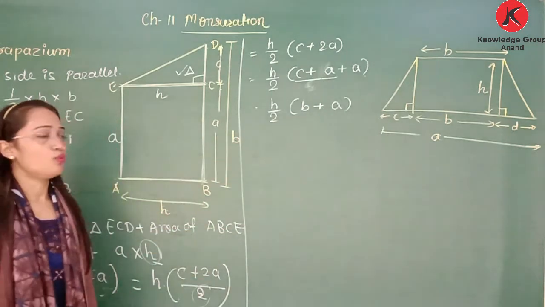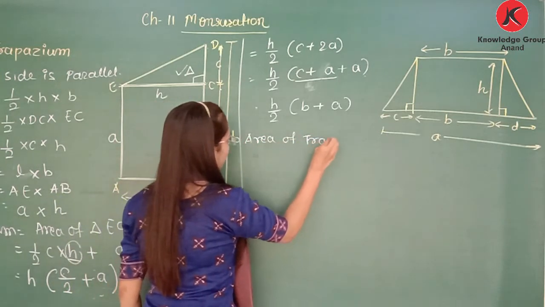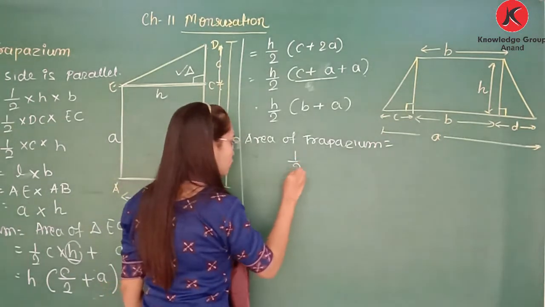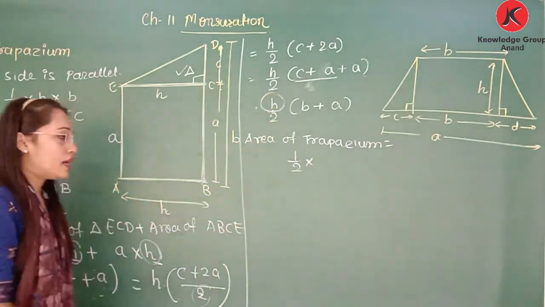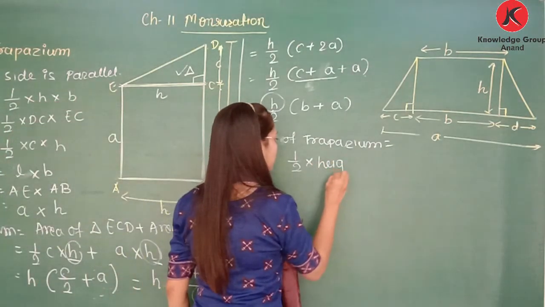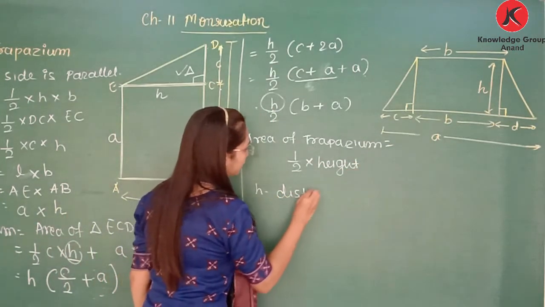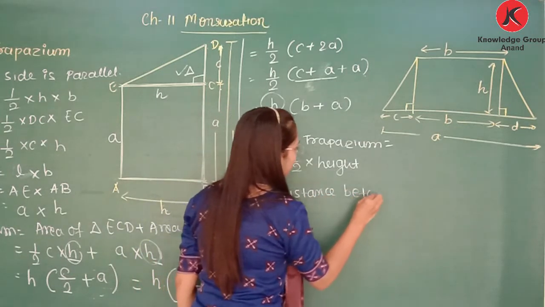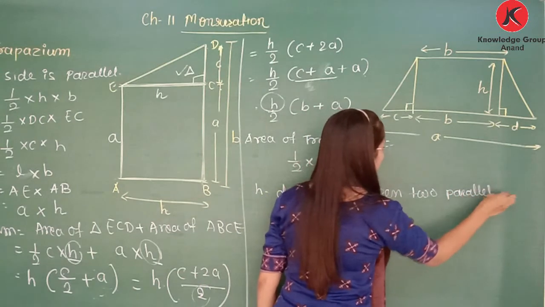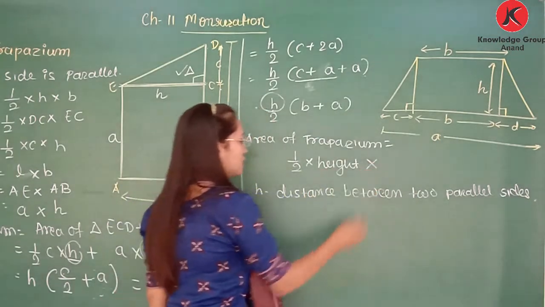So in general we can write the area of a trapezium is equal to 1 by 2 times H times B plus A. H is the distance between the parallel sides, that is considered as the height.